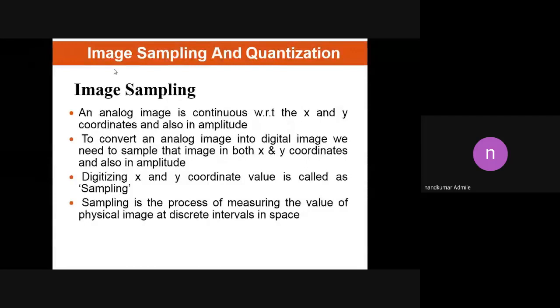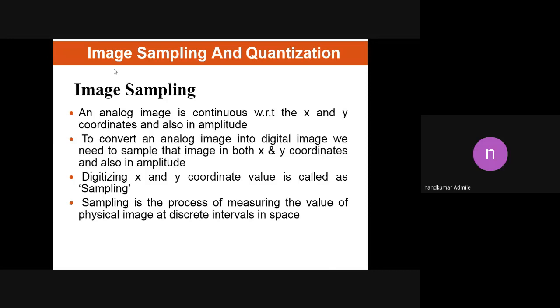Okay, so whatever the various dots, whatever the various pixels, that dot or that pixel is called image sampling. Means whatever the image we can represent on an x and y plane, that is called image sampling.